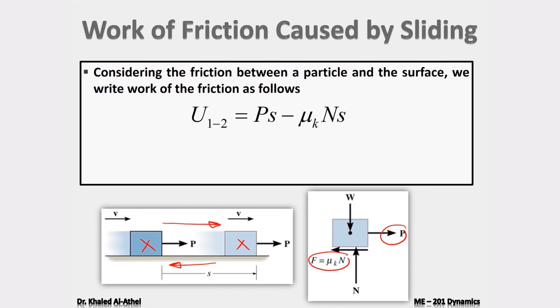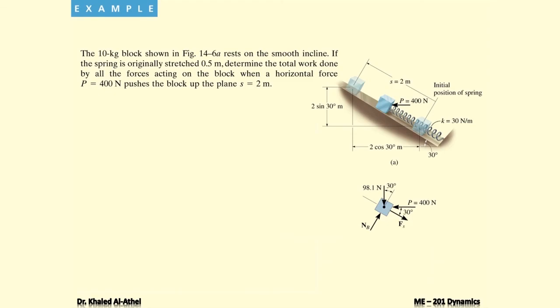Therefore, the work done would be P times S, P multiplied by the distance S that it moved, minus the friction force times S, which is mu K times N, this is my Fs, times the distance S. So we'll take a general example that will show me how to calculate the work done by all these forces, and we're going to calculate each one of these.